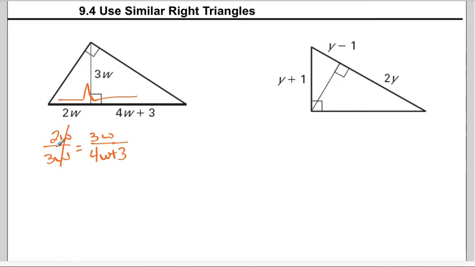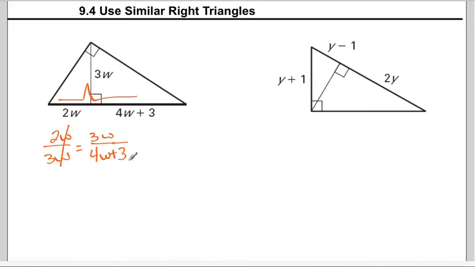When you do this, in Algebra 2, you would actually want the two answers, and when you divide out a w like this, it's actually taking out a solution of 0. 0 will not work in this problem situation, so it will not affect us to simplify it out like that. So now we're going to cross multiply and solve.